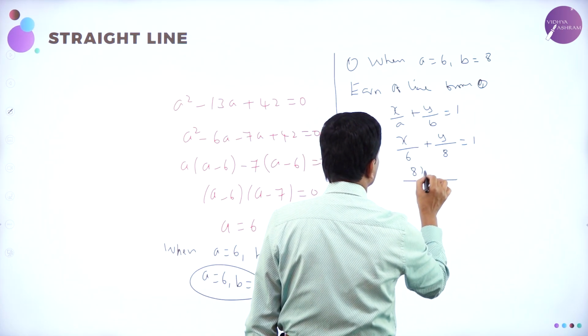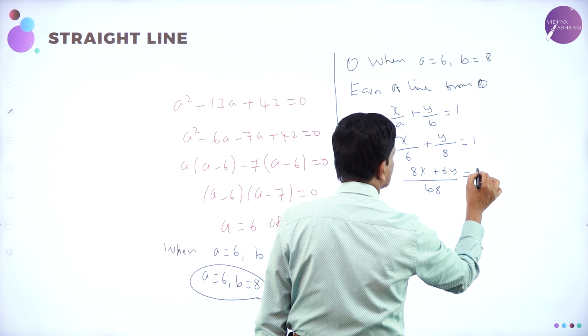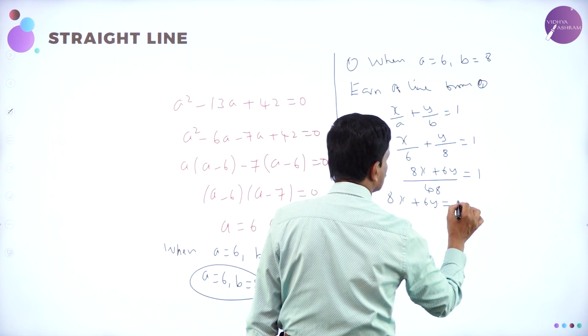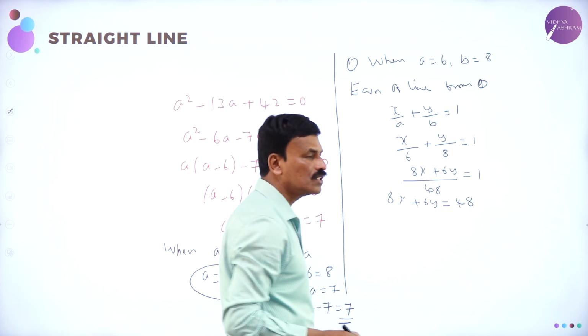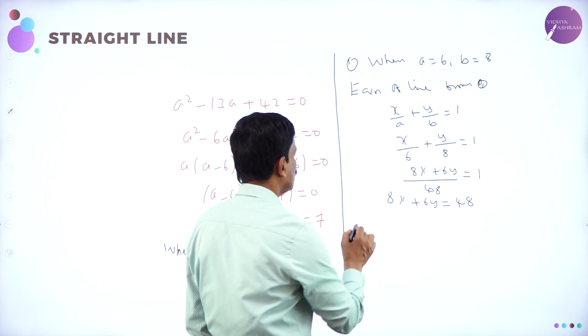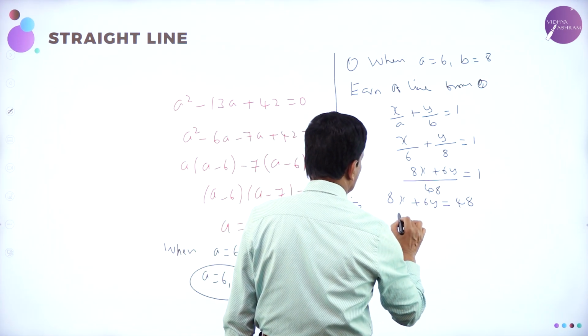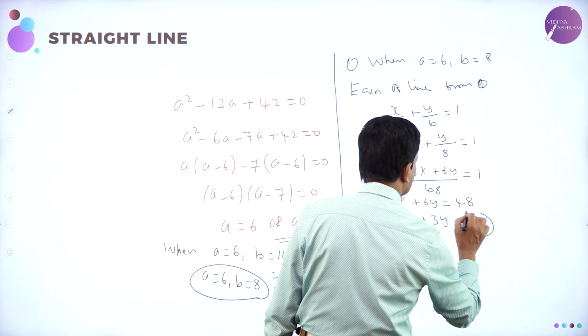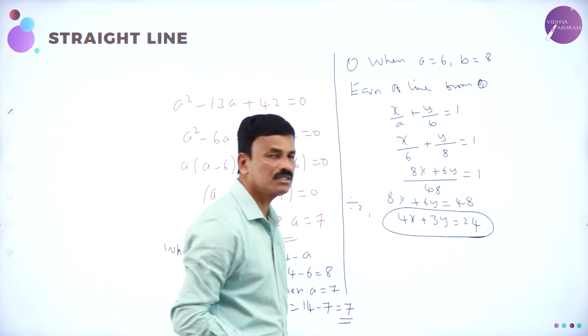So this is 8x plus 6y is equal to 48. Now divide by 2, and you will get 4x plus 3y is equal to 24.